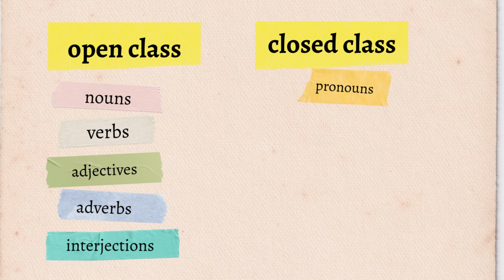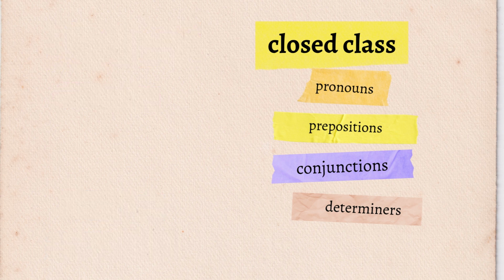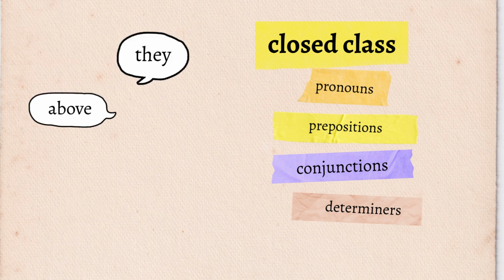We also have the closed class or function category of words, which contains pronouns, prepositions, conjunctions, and determiners. This class is home to words that have much more abstract or functional meanings, words like they, above, because, and this.